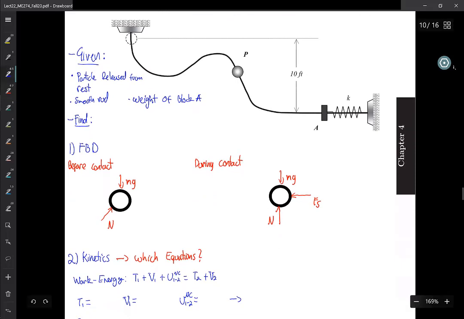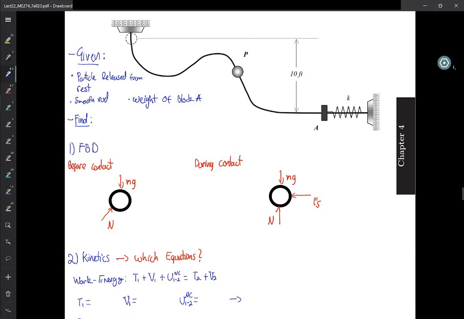When we were proctoring the exams, I looked at the students to see their approach to the problems and how they are thinking. Then I try to use that to help the next generation not make the same mistakes. So typically I see this. You see, oh yeah, released from rest.